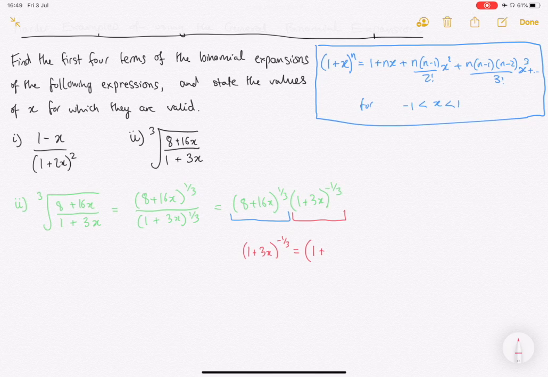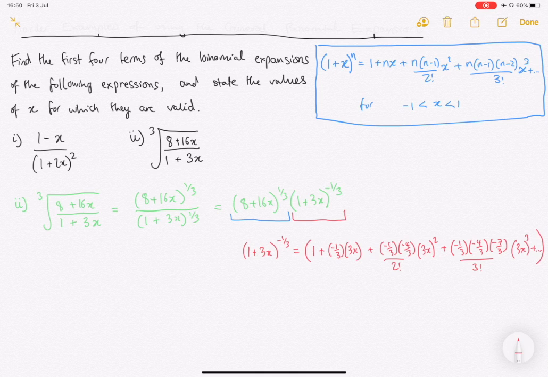So this is 1 plus minus a third lots of 3x plus minus a third times minus 4 thirds over 2 factorial lots of 3x squared plus minus a third minus 4 thirds minus 7 thirds over 3 factorial lots of 3x cubed, and we only want up to the x cubed terms here.